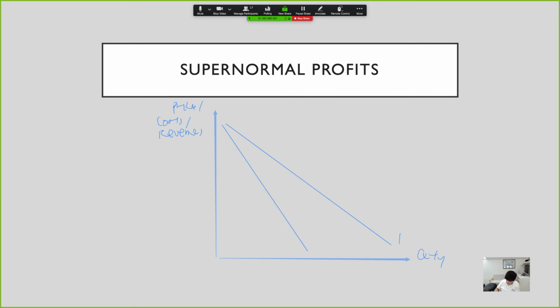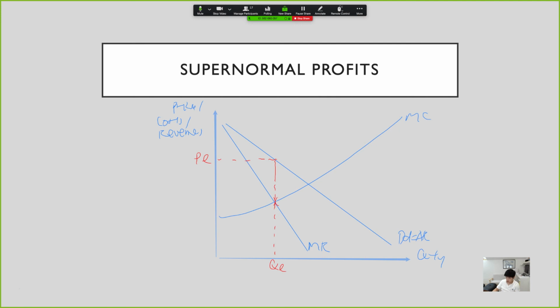So this is our demand equals to AR. This is our MR. Then the next curve we need to draw is always your 90 tick, which is the MC curve. Then our MC cuts MR here. This gives us our profit maximization output. Then we go up to the demand curve. This gives us our profit maximization price.